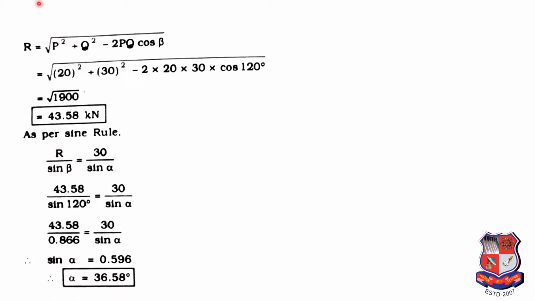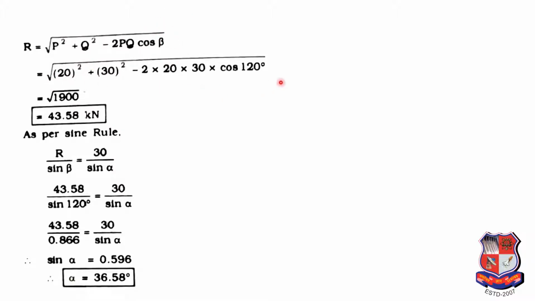Then we have to go for the resultant. We know the equation of resultant. R is equal to under root P square plus Q square minus 2PQ cos beta. We have the value of P 20. We have the value of Q 30. Okay. We have the value of beta also. So whatever value we have regarding P, Q and beta, we simply put in that equation and we will get under root 20 square plus 30 square minus 2 into 20 into 30 into cos 120.